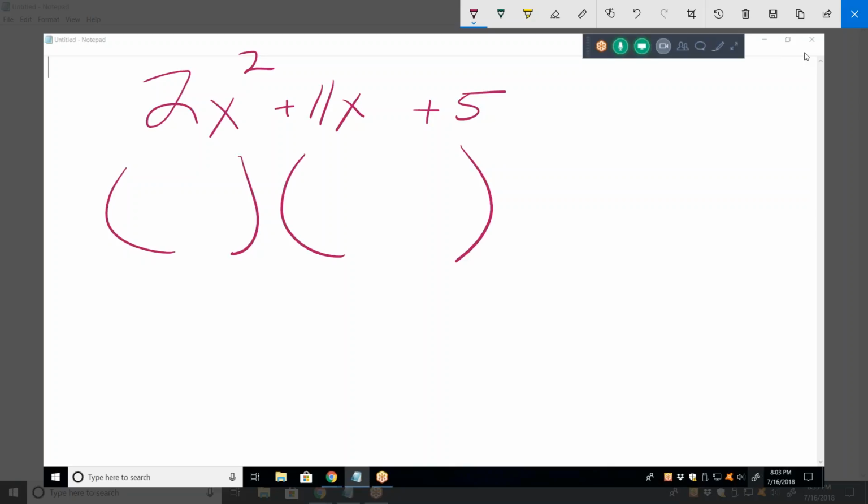There we go. All right, so what's the first thing you're going to check for when you see this quadratic? Is there one? Okay, what's the second thing you're going to check for?